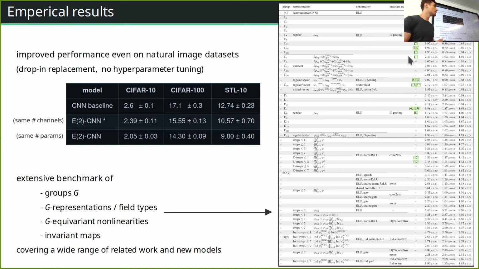So we want the whole thing to be invariant. So we have also different invariant maps, and we just benchmark all of these different choices you can make in our framework. And in particular, we re-implemented lots of prior work. So for instance, Daniel Worrall had his harmonic networks, or then we have regular group convolutions and all these things. And in our library, you can implement all of it, and you can even mix their field types.